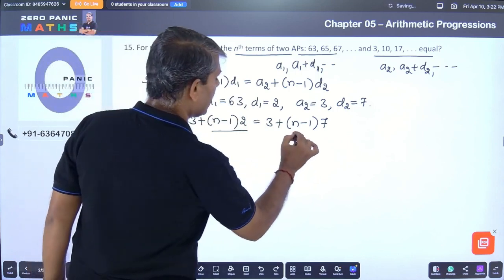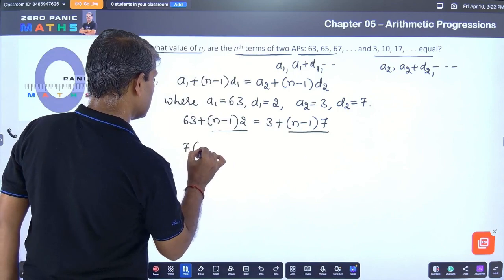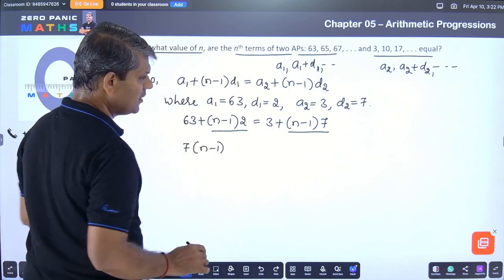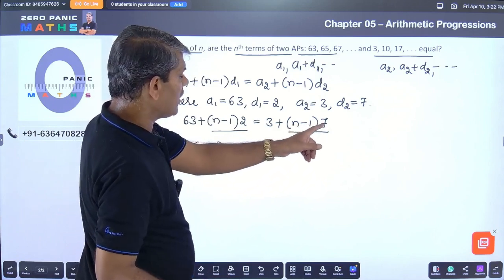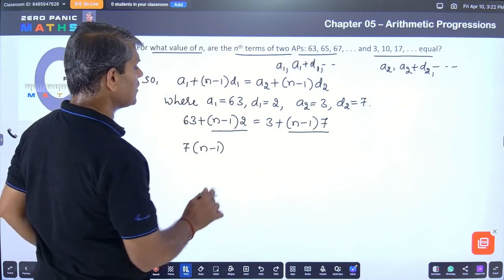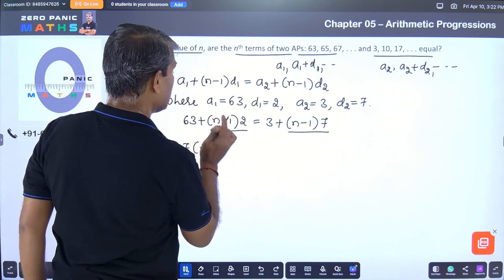Let me write first this term: 7 times n minus 1, same as n minus 1 into 7. Taking the other term to that side gives 2 times n minus 1.